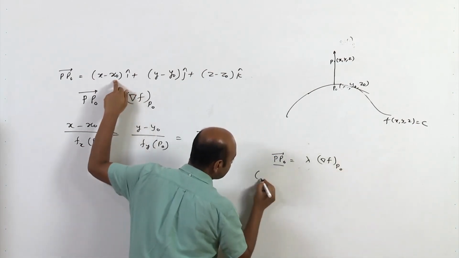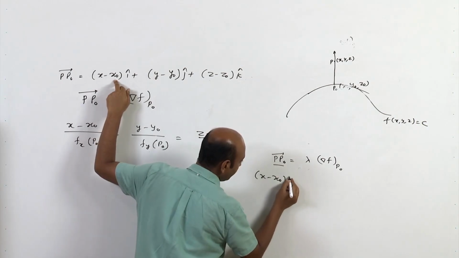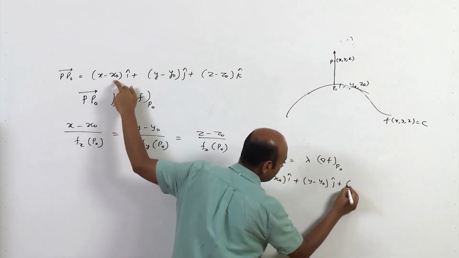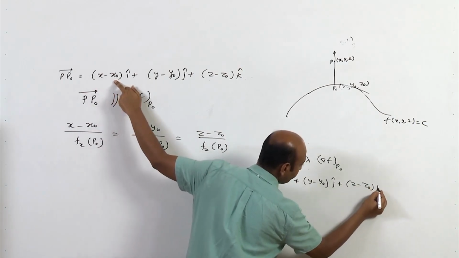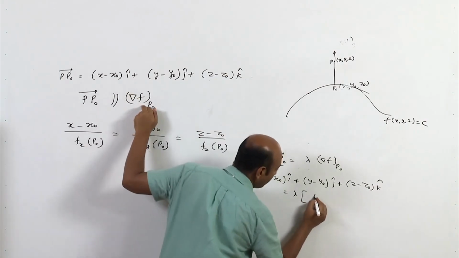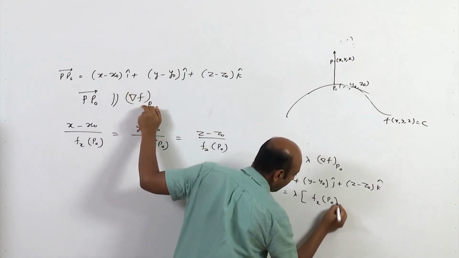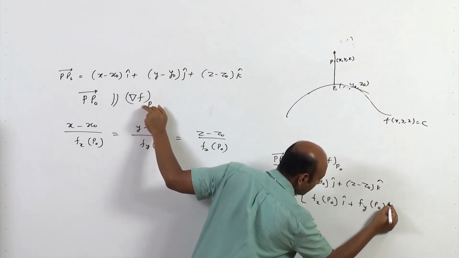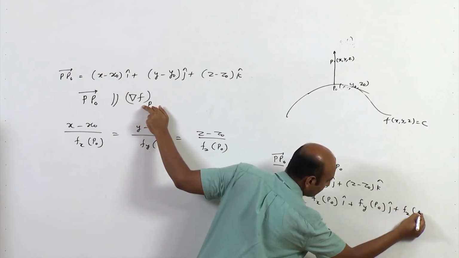Now, this vector, (x minus x naught) i cap plus (y minus y naught) j cap plus (z minus z naught) k cap, will be equal to lambda times the gradient of f, which is fx at P naught i cap plus fy at P naught j cap plus fz at P naught k cap.